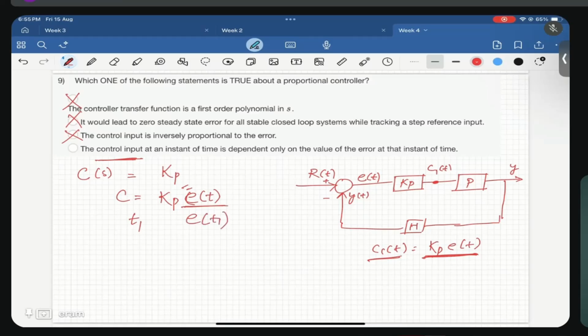At present time only it is dependent, not on past, not on future. So the control input at an instant of time is dependent only on the value of the error at that instant of time, only the present value. So this option is correct or not correct? Correct, ma'am. Yes.